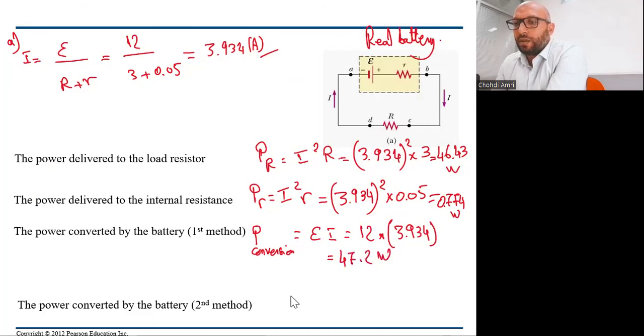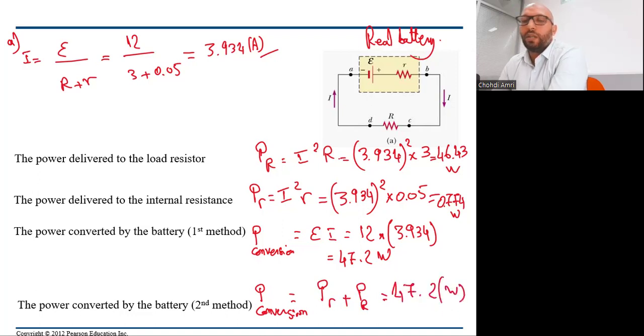The second method, power conversion is the total power delivered to the circuit, to each element of the circuit. So it will be power dissipated by the internal resistance plus power dissipated by the external resistance, and we will get again 47.2 watts. We are done.